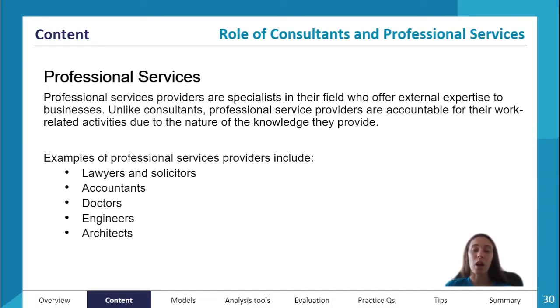So roles like accountants, lawyers, solicitors, doctors, engineers, and architects, you can have really serious financial and health and legal implications if you don't get the right advice from these professional service providers. So that's why they are accountable for what they tell you.